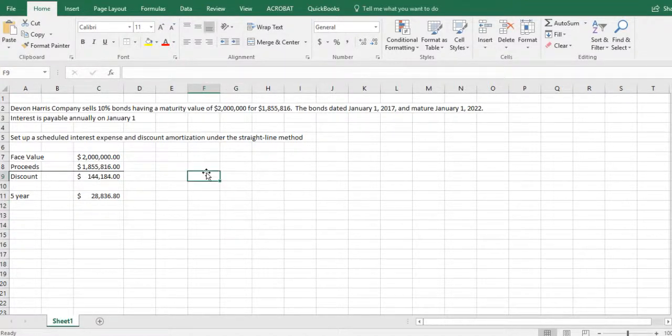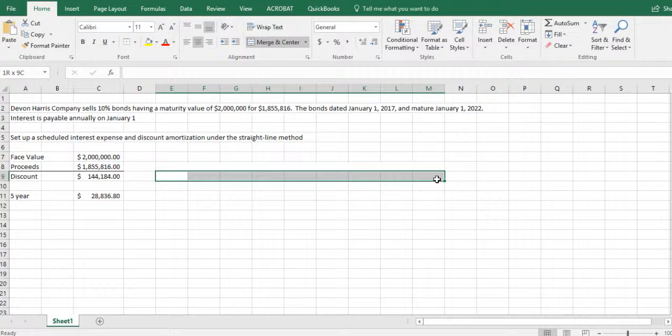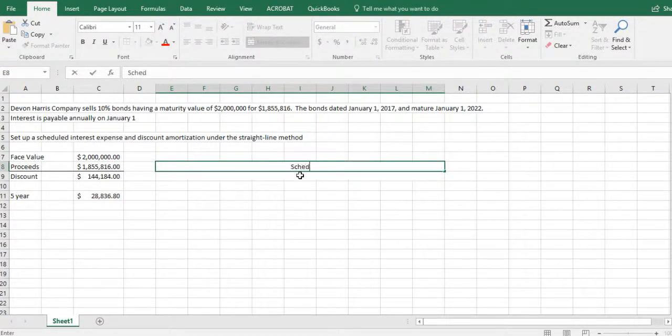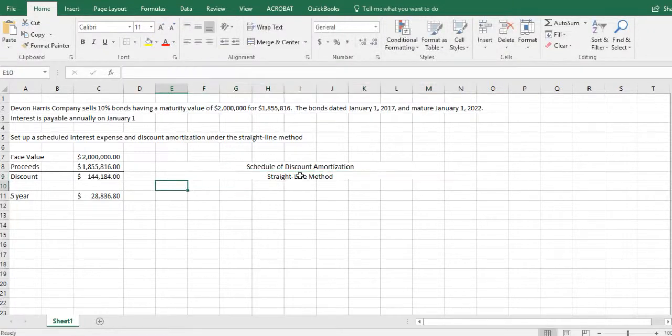So, a basic schedule of bond amortization. Let's give us a couple of header lines here. We've got the schedule of discount amortization, and you would do this at the point that you actually issued the bonds. That way you would know what everything was going to be at any given point in time.